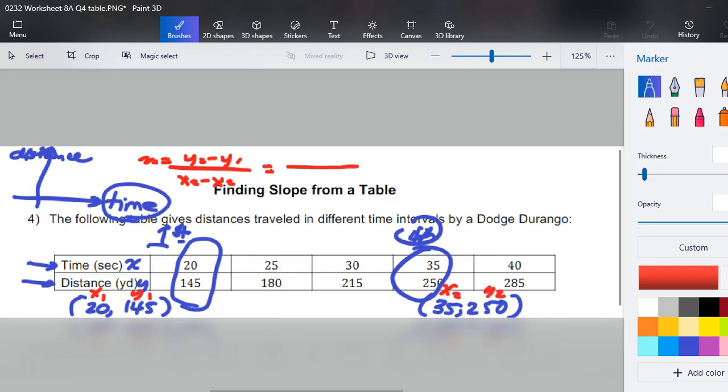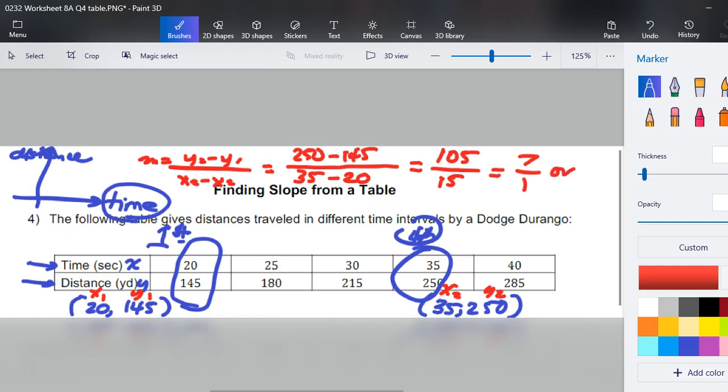I'm going to fill in the pieces, like 250 minus 145, 35 minus 20, and having done so, I'm getting 105 over 15. I'm going to double check the numerator, and we've got the 105. I'm going to divide it by 15, and it's coming out as 7.